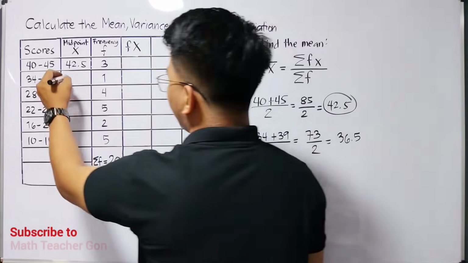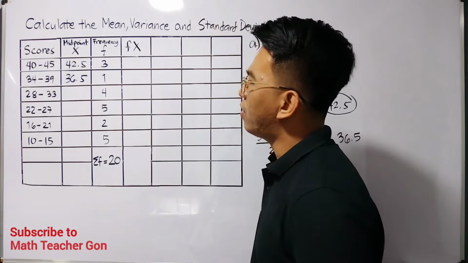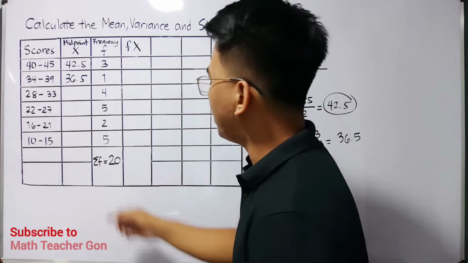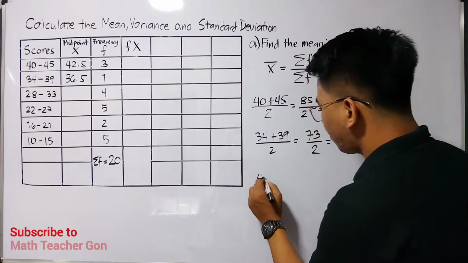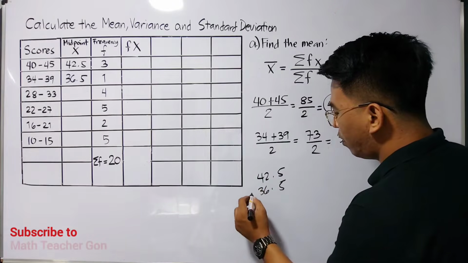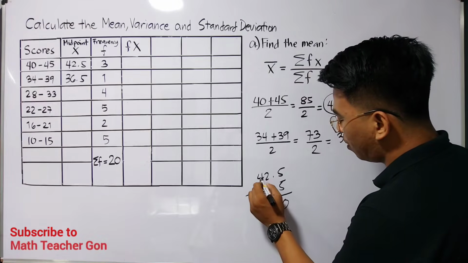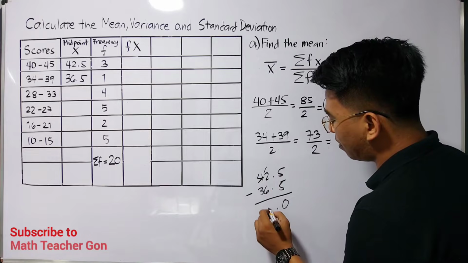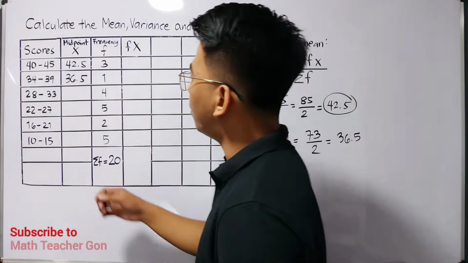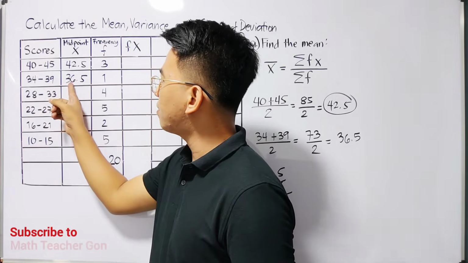So now guys, as you can see, we already have a pattern so you don't have to do them one by one. If you notice, we have 42.5 and 36.5. You can subtract them, and as you can see, the difference is 6. So to get the next midpoint, you will subtract 6 from this.